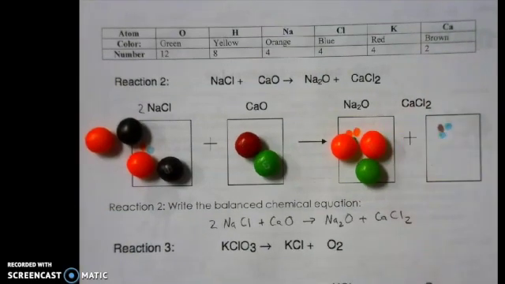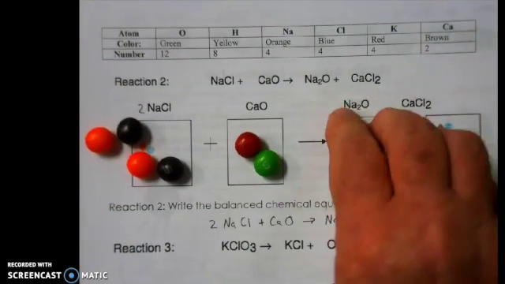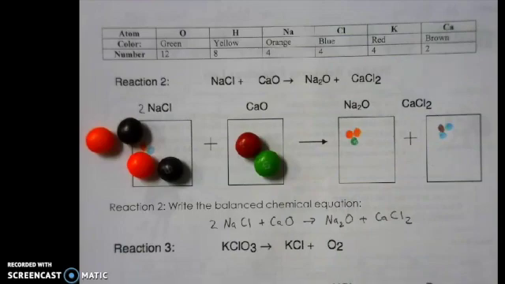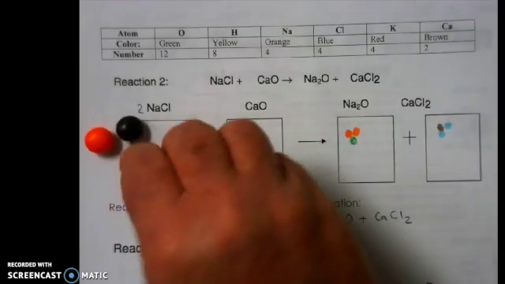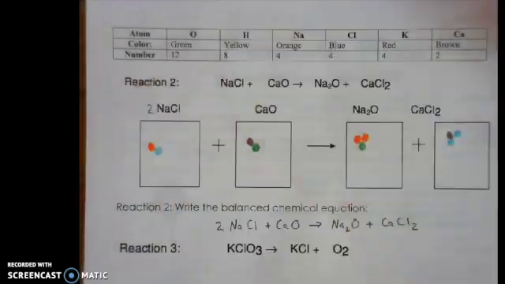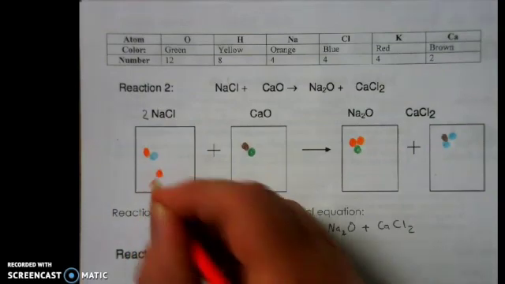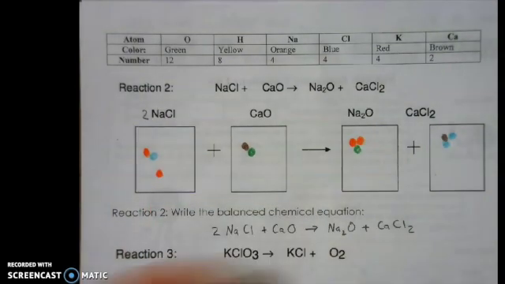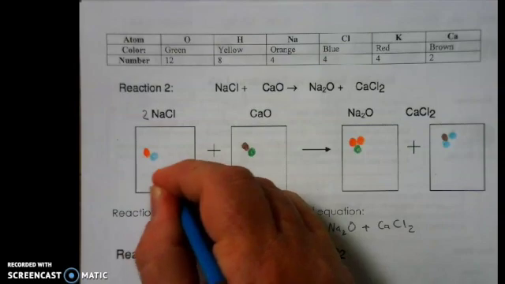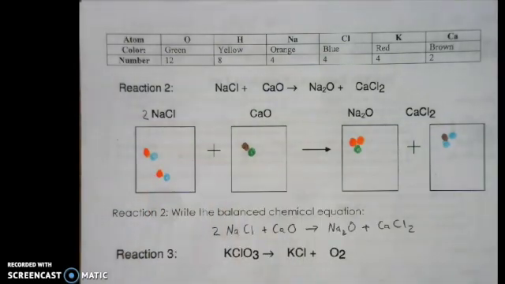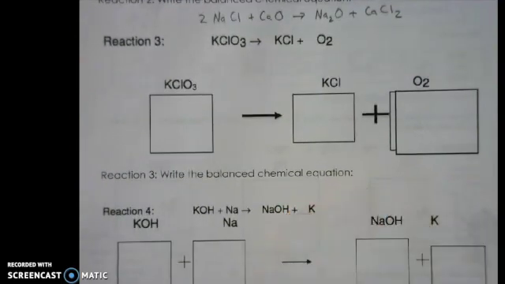So we're going to clear these guys up, and we'll finish up with our drawing part as well. We had to add 1 sodium chloride, 1 salt molecule. Now we've got a balanced equation. Let's move on to number 3.